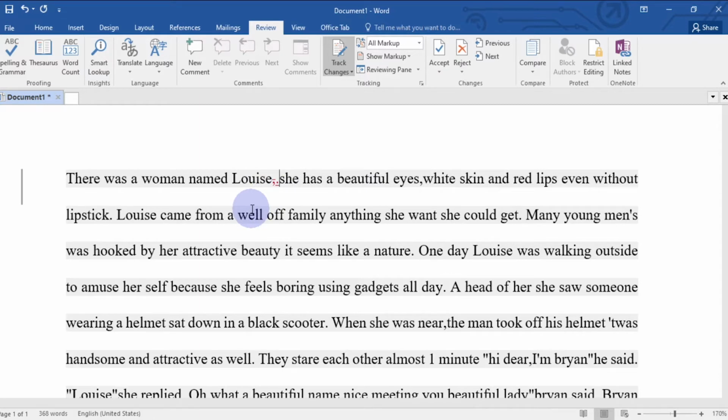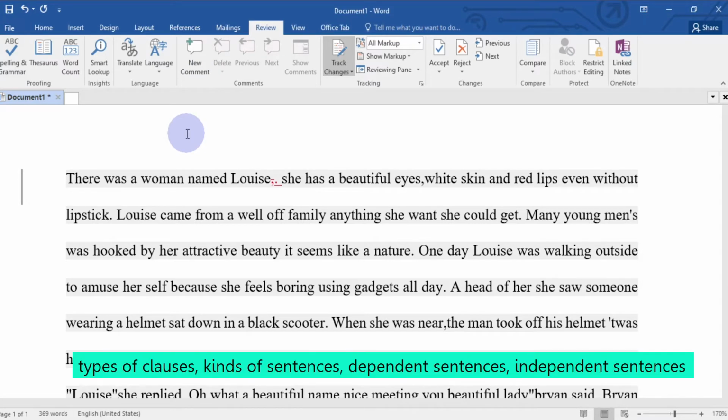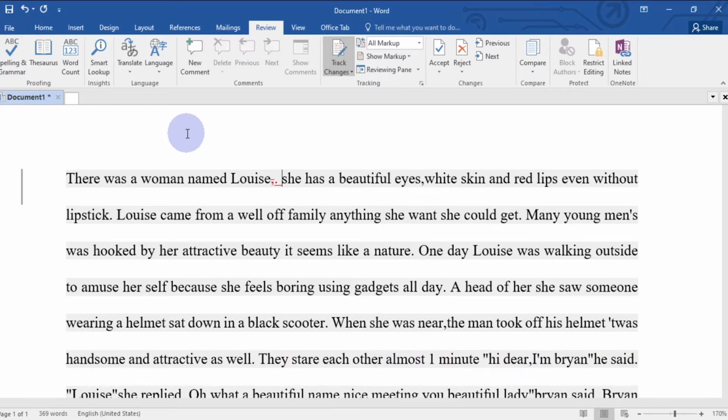and then space. If you want to read more about sentence types and compositions, you can search for types of clauses, kinds of sentences, dependent sentences, and independent sentences. This is a big topic that we cannot cover in few minutes, so you can read more about it on your own.